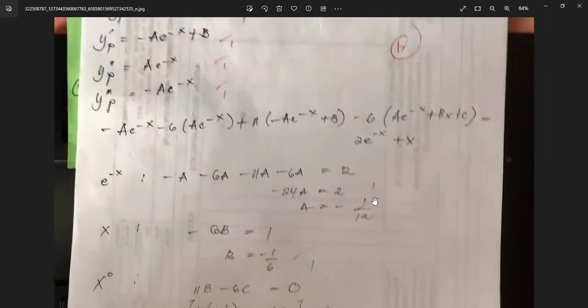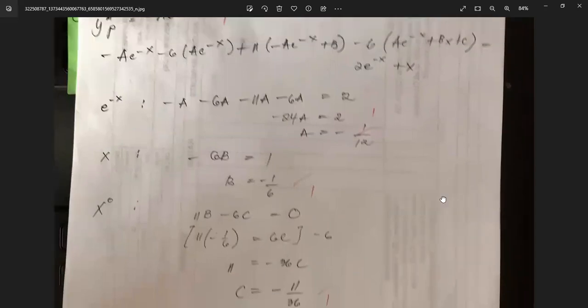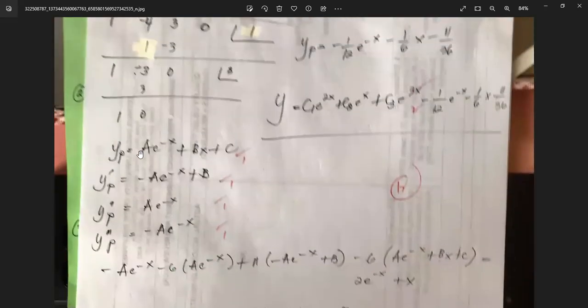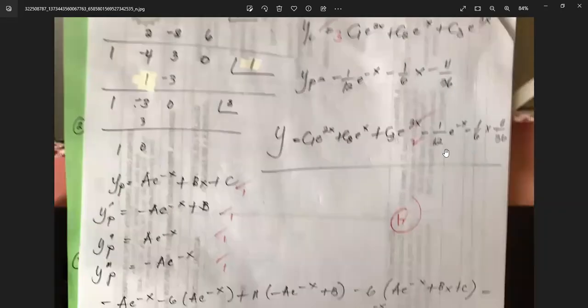So you have already the 3 undetermined coefficients, a, b, and c. You go back here and substitute it. So this will be your yp. Your yc will take care of the roots of the auxiliary equation, and your complete solution will be the sum of the two.